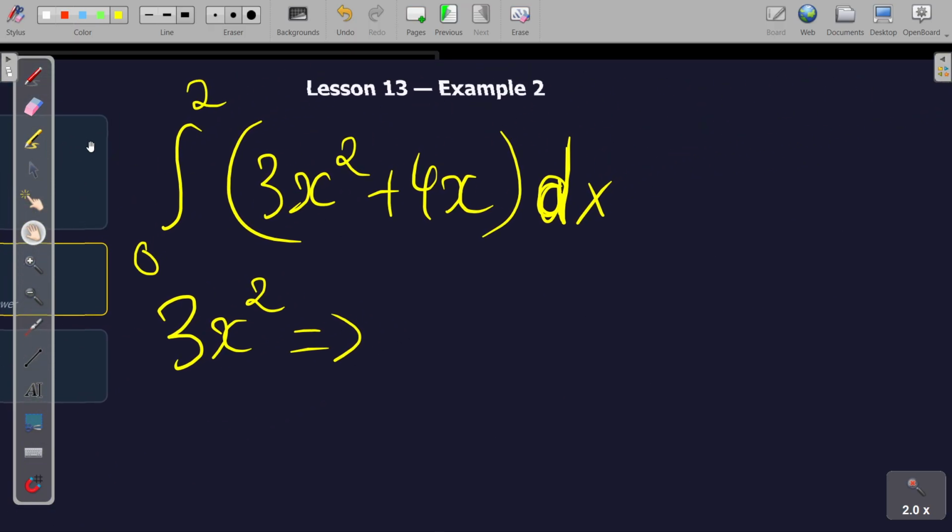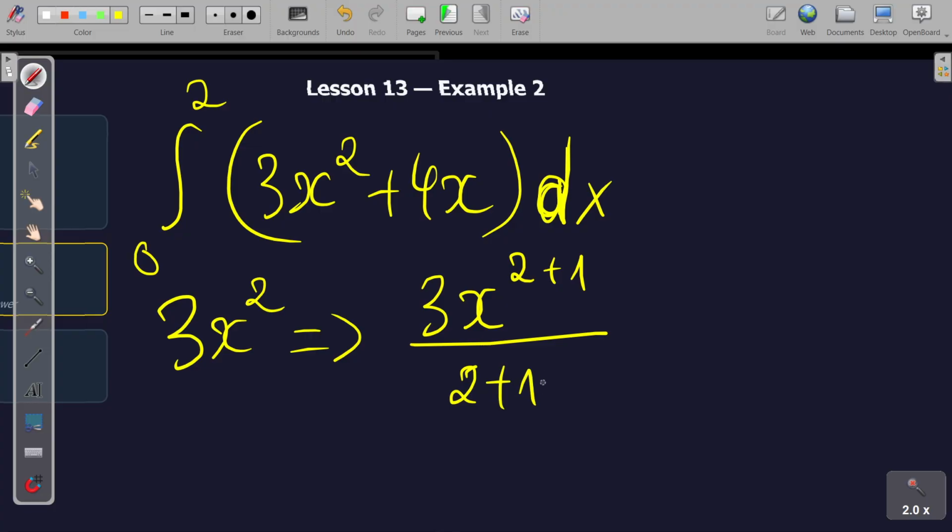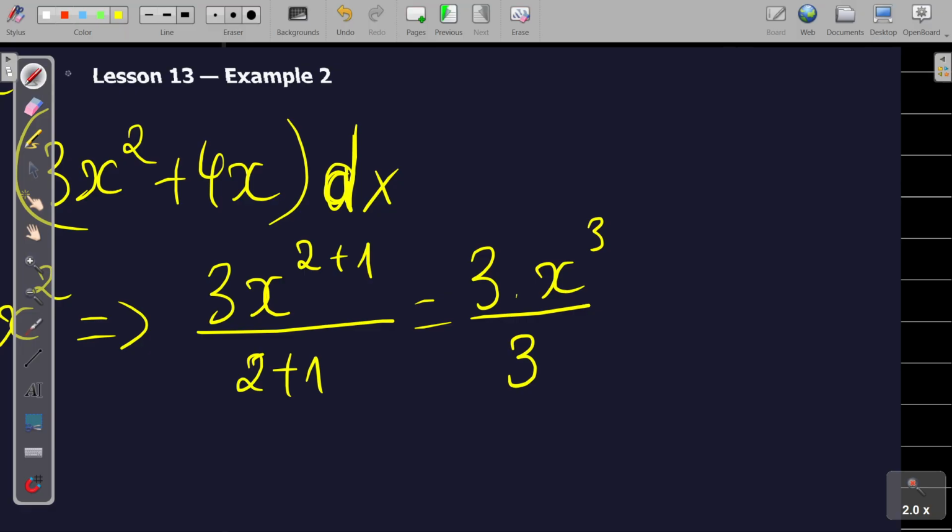So we'll write it here, 3x to the 2 plus 1, and divide that by 2 plus 1. This would give us 3 multiplied by x cubed, divided by 3, and this would give us x cubed.